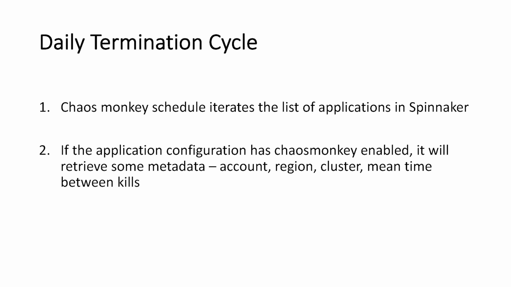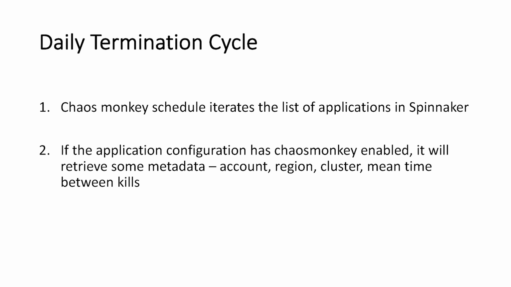So how the termination cycle works is every morning, Chaos Monkey will run the schedule command. The default installation has cron orchestrate that. So every morning before your termination window comes, it will schedule the terminations for that day.